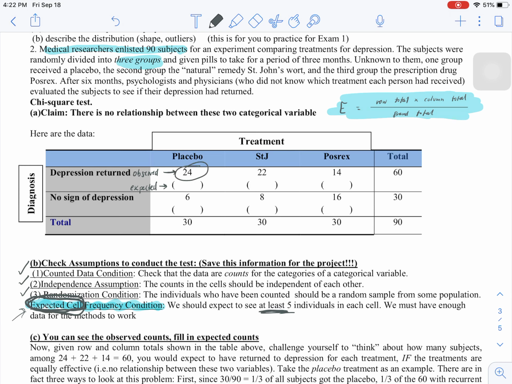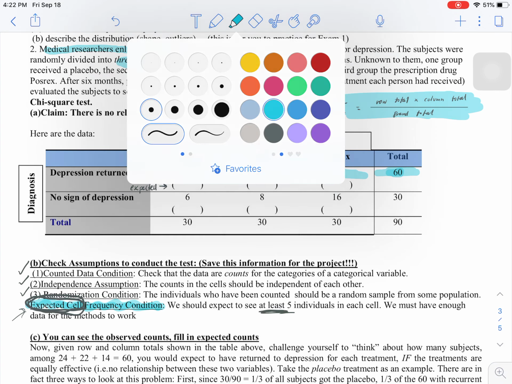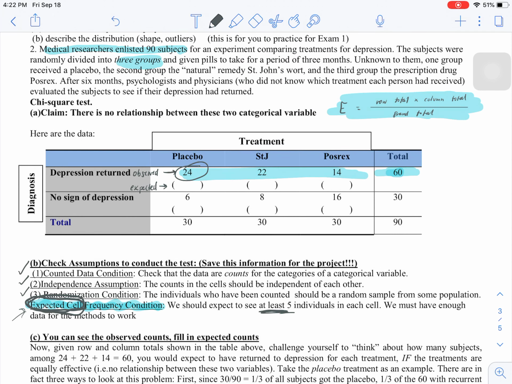So first, let's do 24. Our formula says that we take the row total, so the total in the row that 24 is in, which is this first row. The total here, we've seen, 24 plus 22 plus 14 is 60. The column total is 24 plus 6, which is 30.